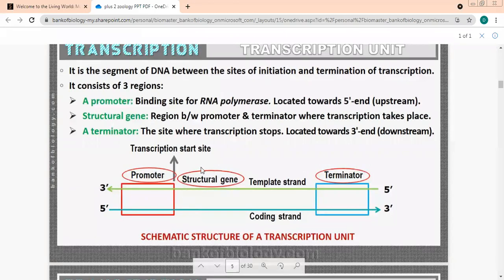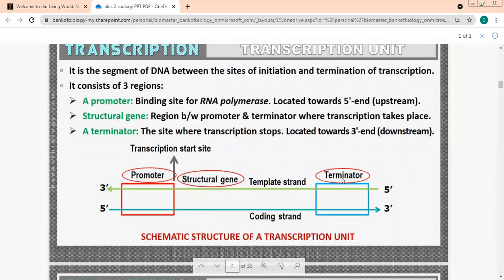Second is the structural gene. This is the region between the promoter and the terminator where transcription is actually going to take place.